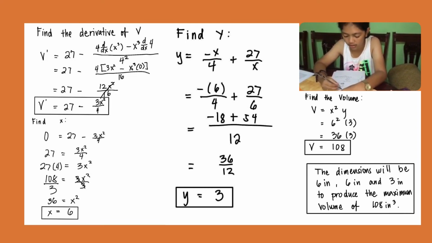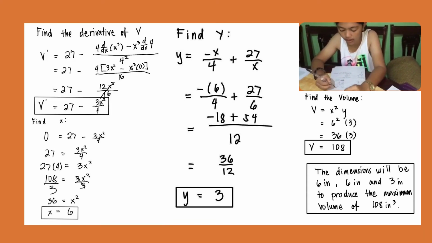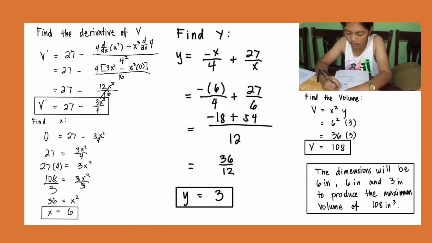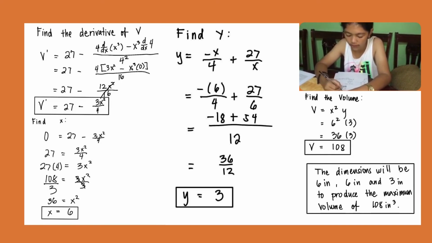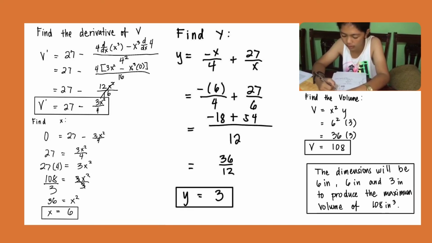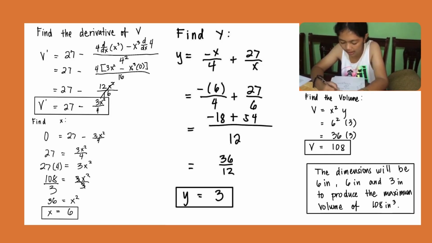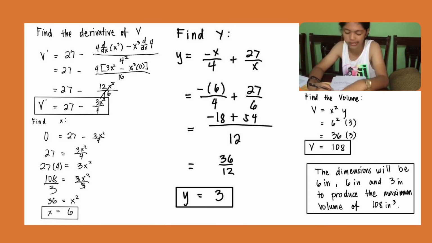Find x. 0 equals 27 minus 3x squared over 4. So 27 equals 3x squared over 4. 27 times 4 equals 3x squared. Then 108 over 3 equals 3x squared over 3. So cancel. So 36 equals x squared. Then the x is 6.